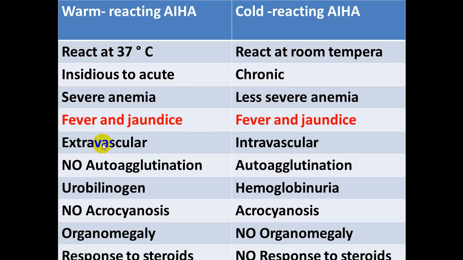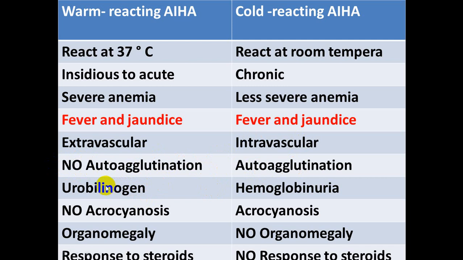Destruction in warm reacting antibodies is extravascular, in the spleen and liver, while in cold reacting it is intravascular, in the circulation. There is no autoagglutination in warm reacting antibodies, while in cold there is autoagglutination causing acrocyanosis.